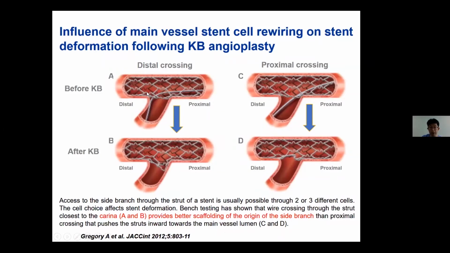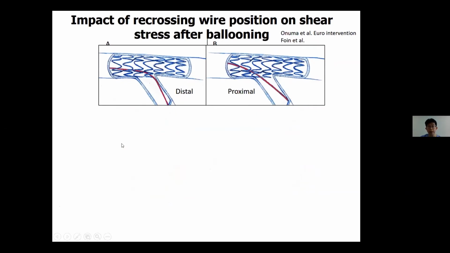As you can see, after balloon dilatation with KBI, there is good scaffold of the circumflex ostium. But if wire crossing is at the proximal point, there is no good scaffolding for the ostium of the circumflex. So the carina provides better scaffolding of the origin of the side branch at the left panel. It's a very important thing.